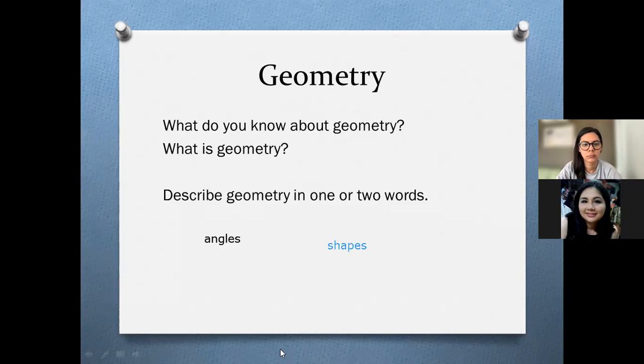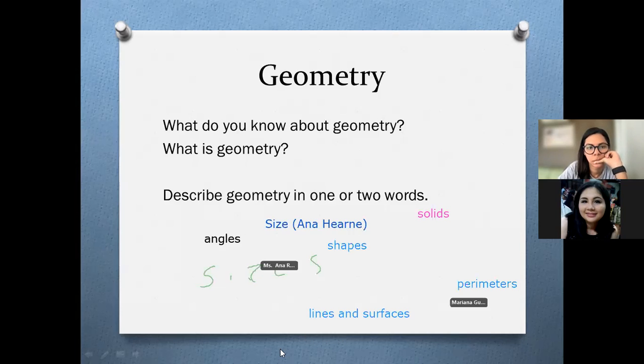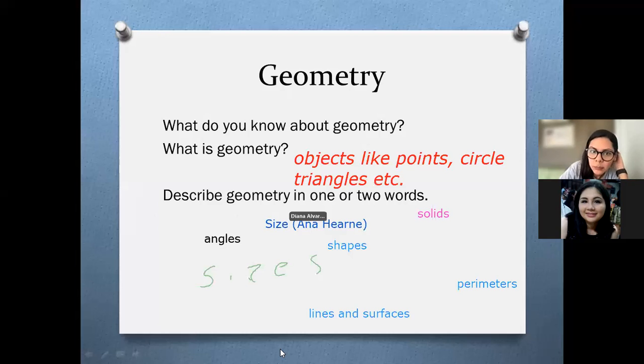Come on. Relationship of points and lines. Okay, write it over there. Points and lines. Solids. Orixis is writing over there. Size. Okay. Lines and surface. Kelly. Okay. Perimeters. Sides. Anna. Objects like circles, triangles.